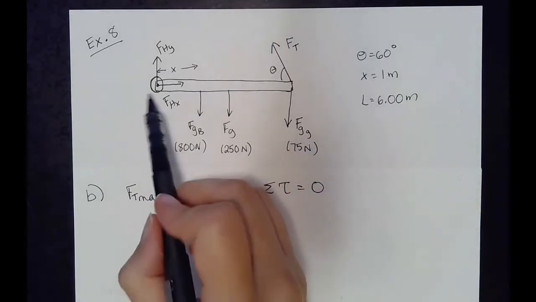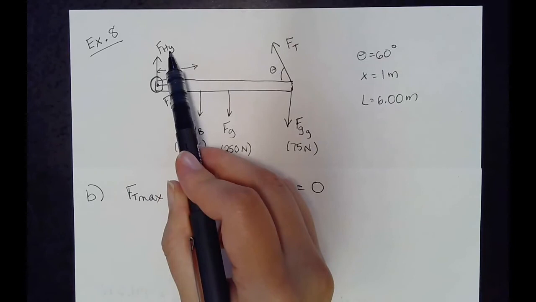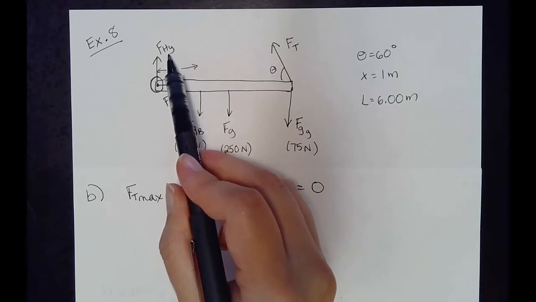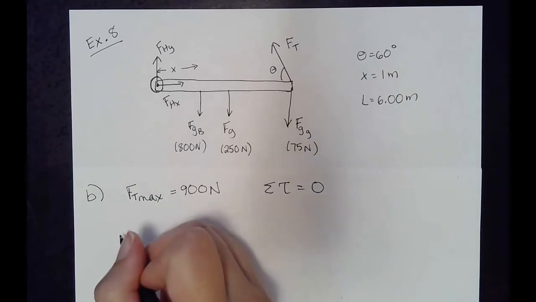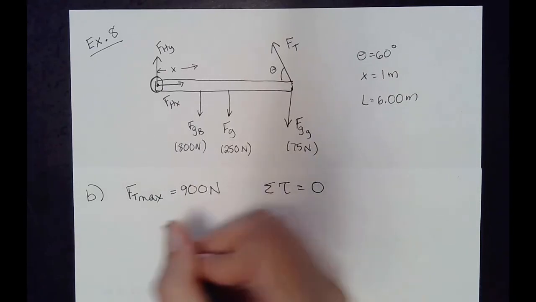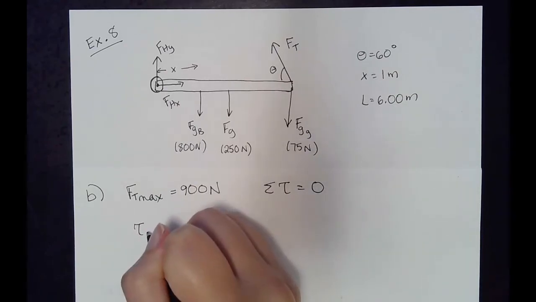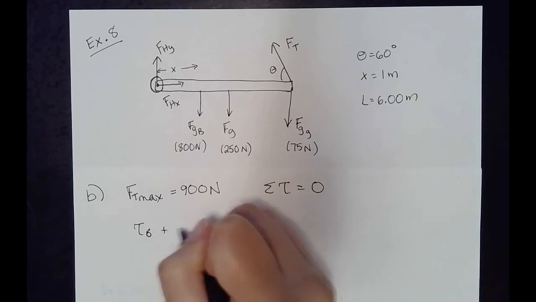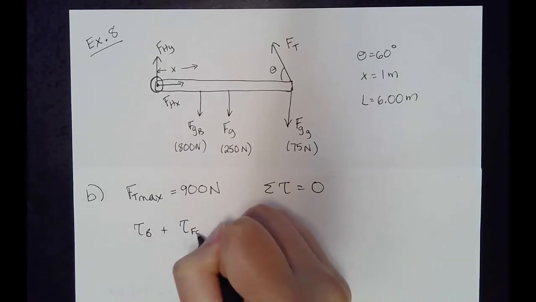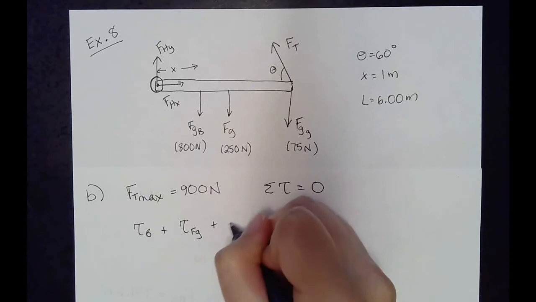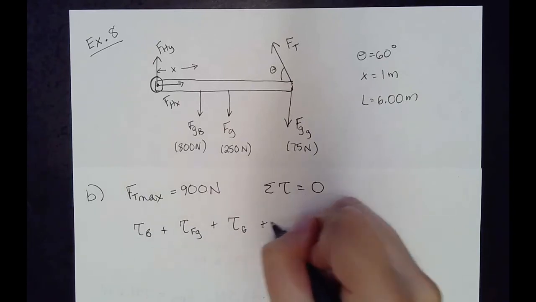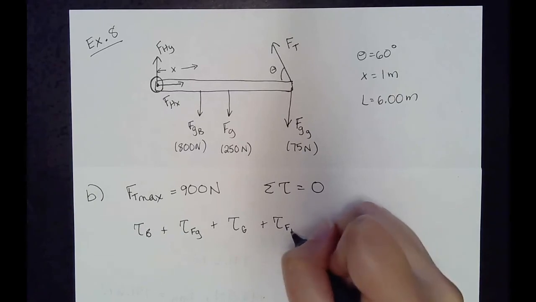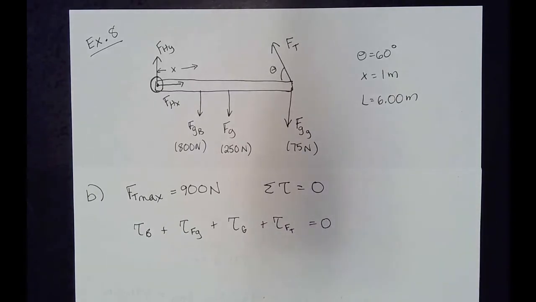And again, using this as our pivot means that we don't have torque exerted from the hinge forces. They both have 0 torque. So we have the torque due to the bear plus the torque due to the weight Fg plus the torque due to the goodies plus the torque due to the tension equal to 0.